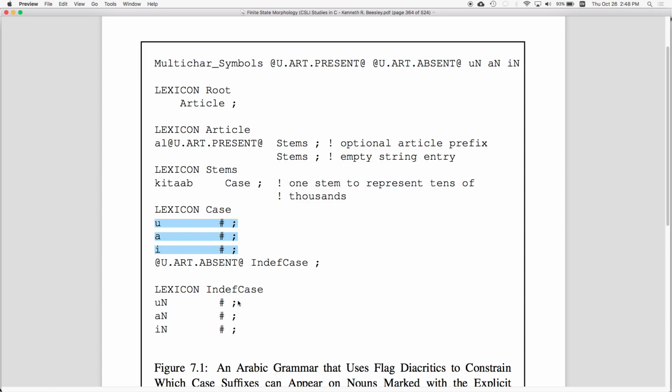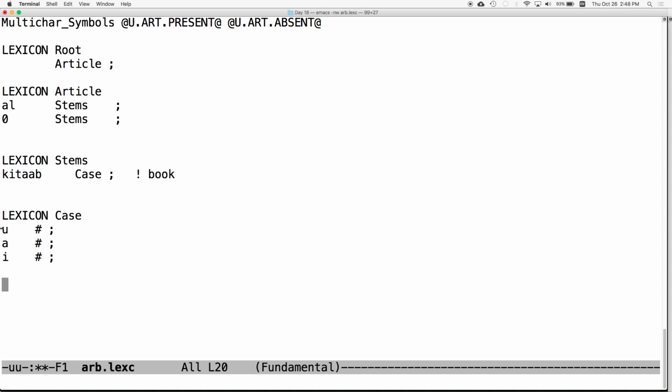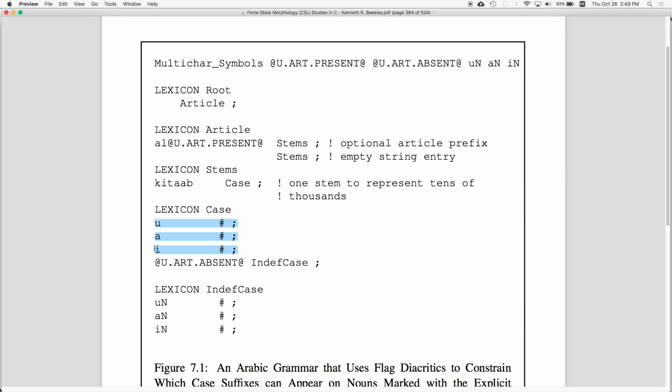All right. So, what do these cases indicate? We didn't have this in the example right here. It was talked about in the text, though. So, what's going on with these? Should we look?